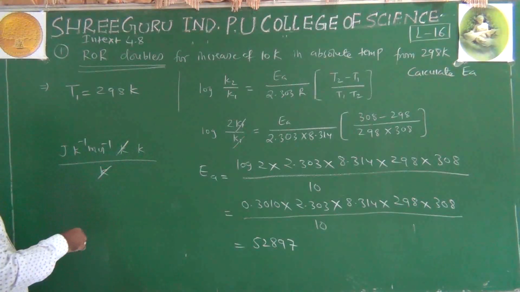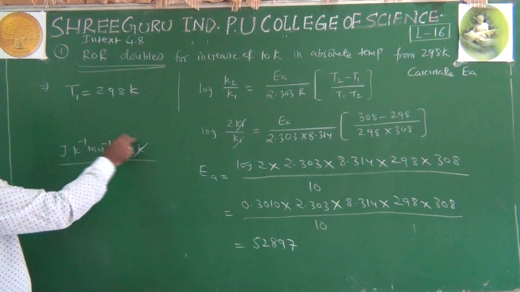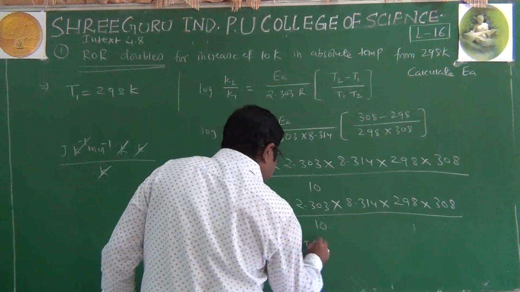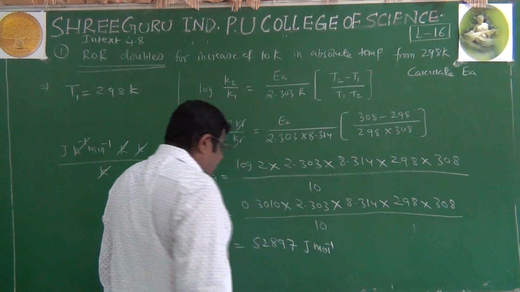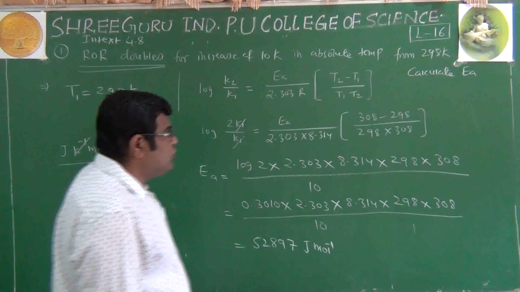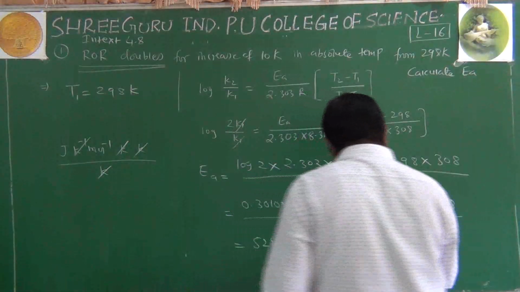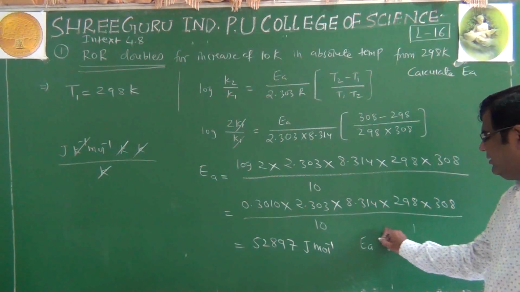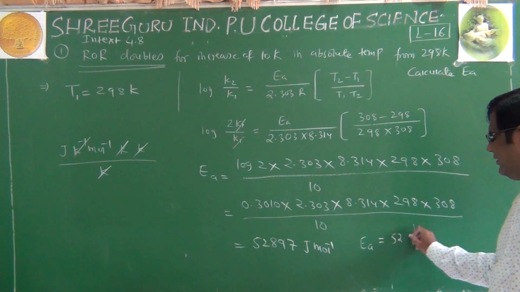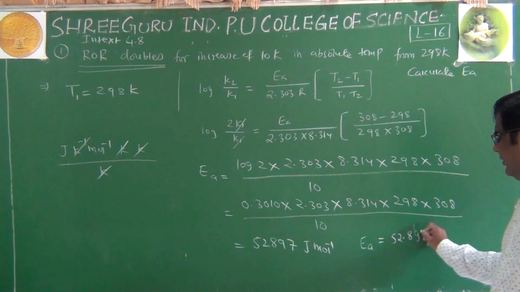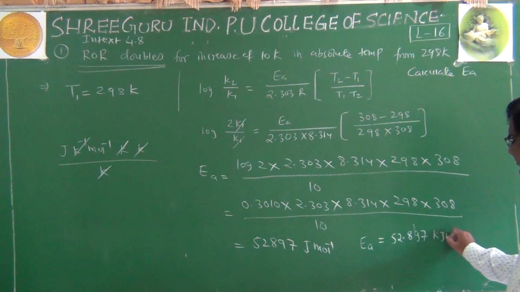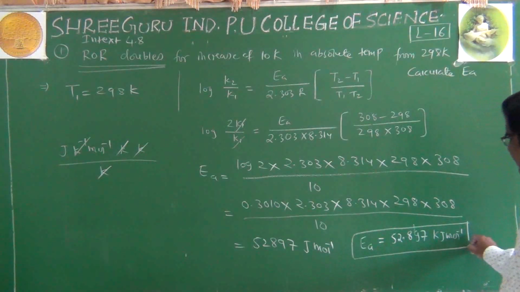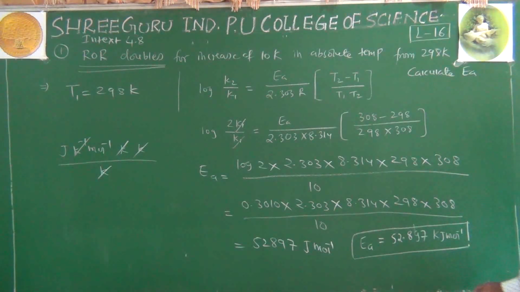So you can cancel this K. This K raised to plus 1 and K raised to minus 1 we can cancel. And we can write this as joules per mole. If the number is large, we can make it kilojoule also, and we can write EA equals 52.897 kilojoule per mole.